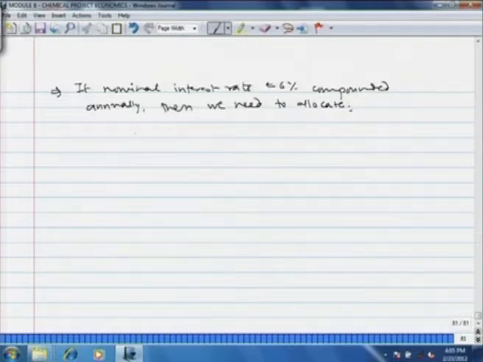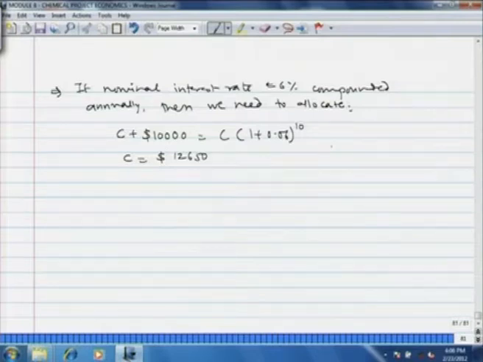We get capital C plus $10,000, and then C turns out to be $12,650. If you solve this, you get this.